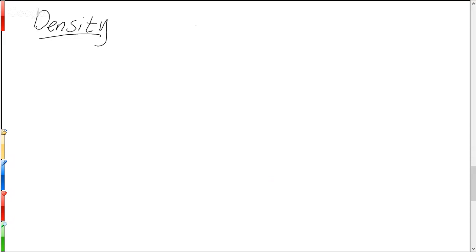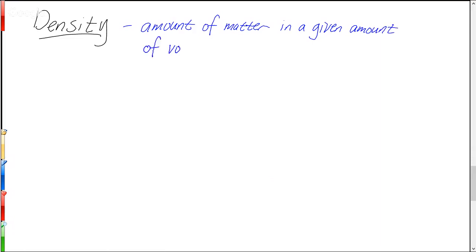Or we can say it the opposite way: how much does a given volume of something weigh? Amount of matter or stuff in a given amount of volume or space.